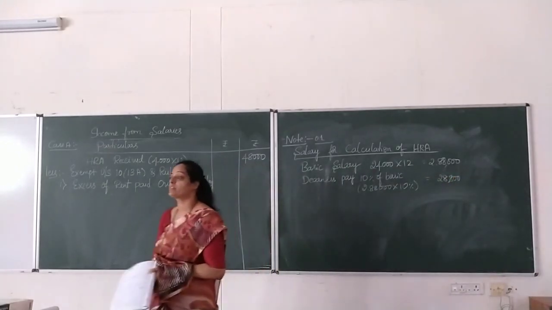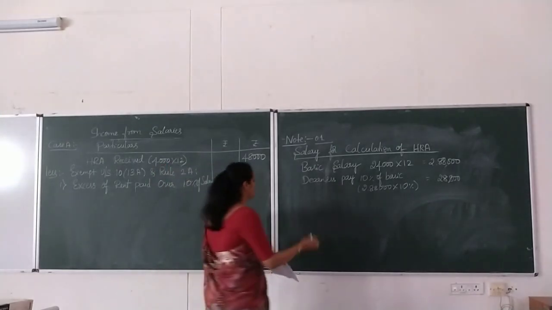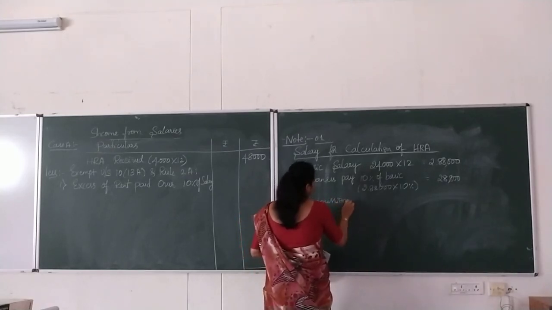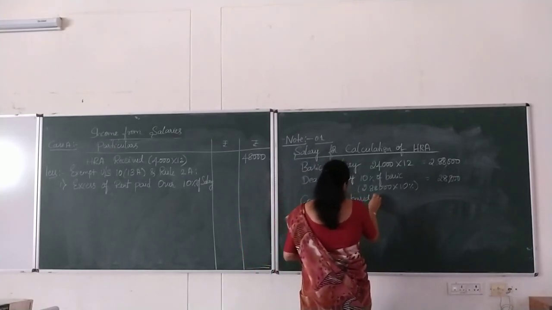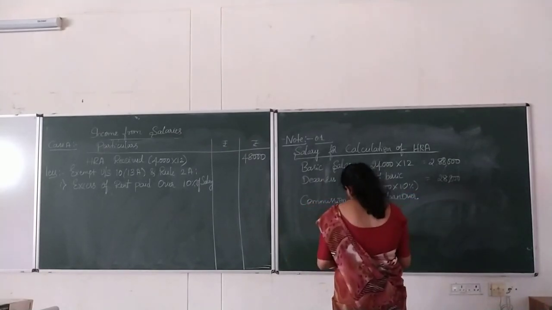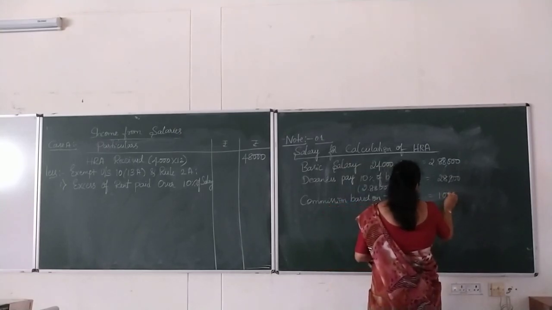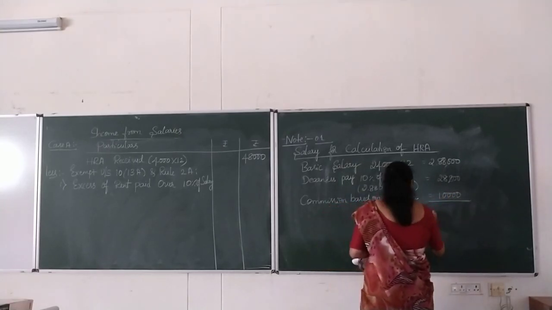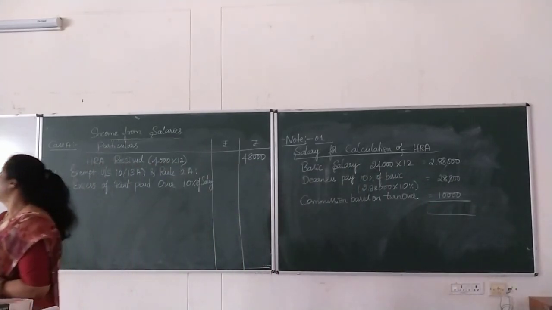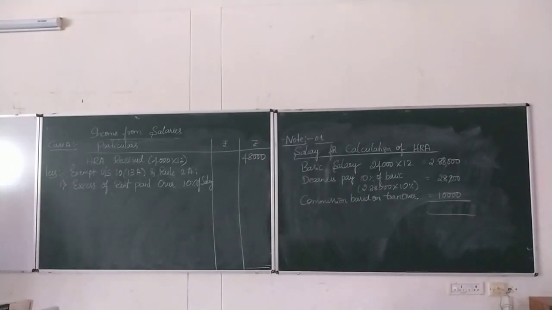If they have given commission based on turnover, we should take it. So commission based on turnover is 10,000. So the total amount of salary becomes 3,26,800.